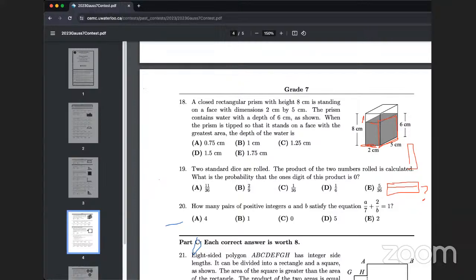Isn't it 60? Yeah, it's 60. Okay. So then 60 goes into 40... what do we do? I think it's 1 centimeter.